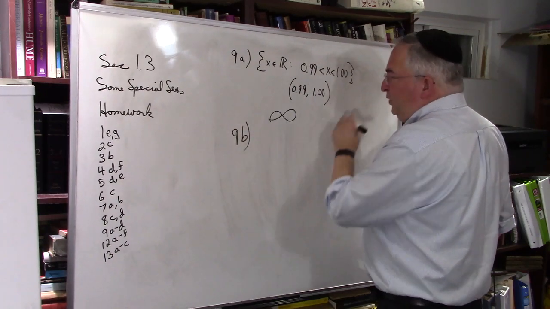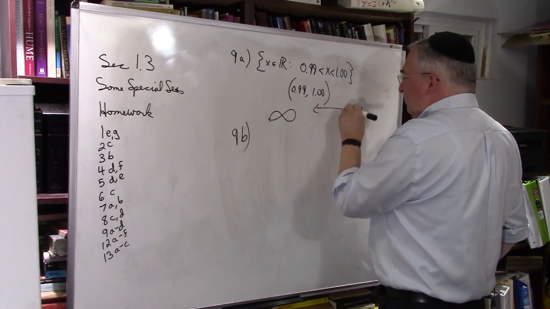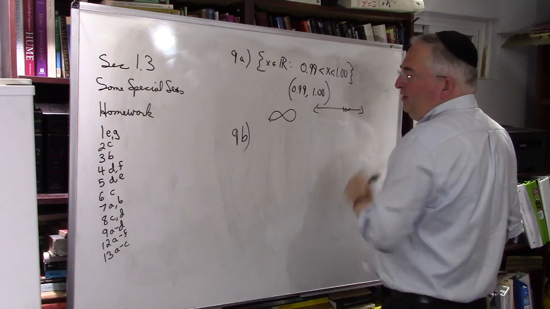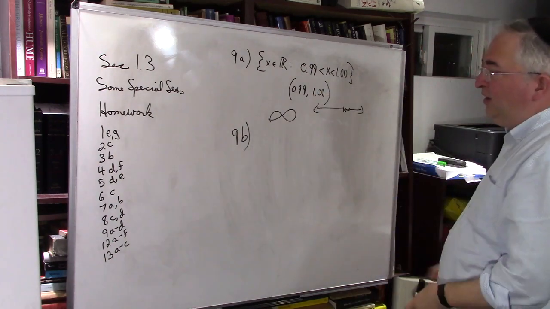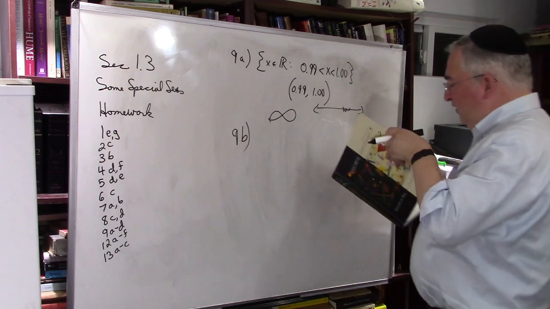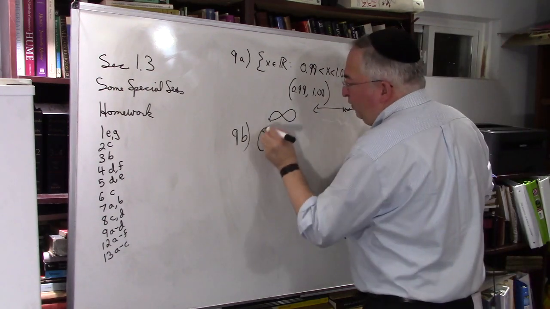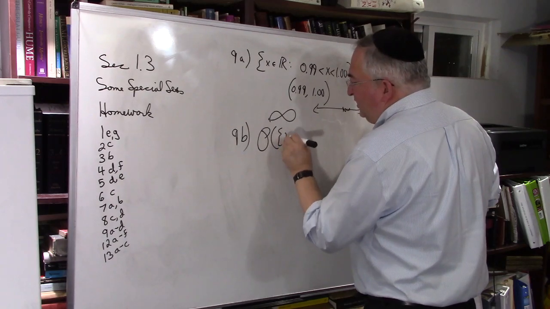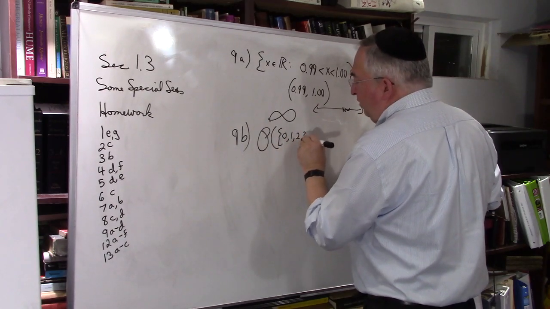This is the real number line. So between any 2 points, there's an infinite number of points. No matter how close they look, there's an infinite number of points. Great. Next, 9b, the power set of the set containing 0, 1, 2, and 3.